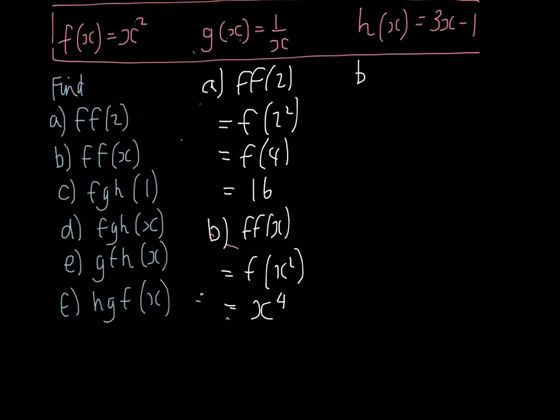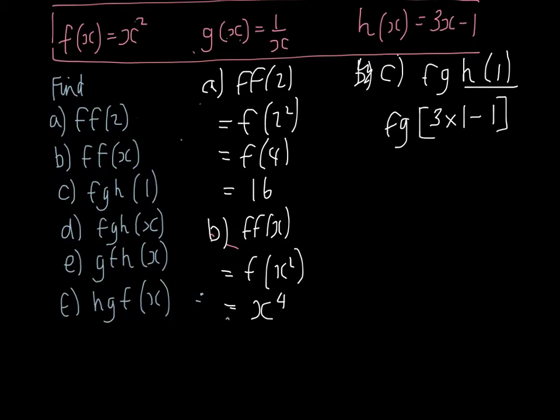Next one, we're going to combine 3 functions now. So we want f of g of h of 1. Always start with the function closest to the number, so we're just going to write the f and g down, and we're going to find h of 1. That's going to be 3 times 1 minus 1, looking at the definition of h above.